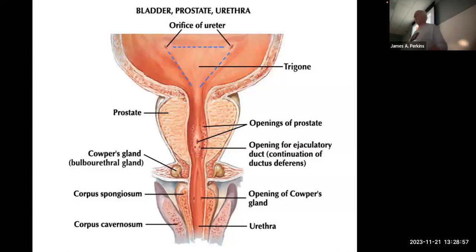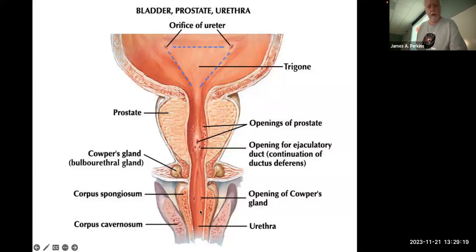I don't know. There's some sugar that's in there, but it also helps to balance the pH of the semen. So there are little orifices for the prostate itself to secrete its fluid into the urethra, but then also a couple of openings for the ejaculatory duct. So that's where the vas deferens and the seminal vesicles join together.